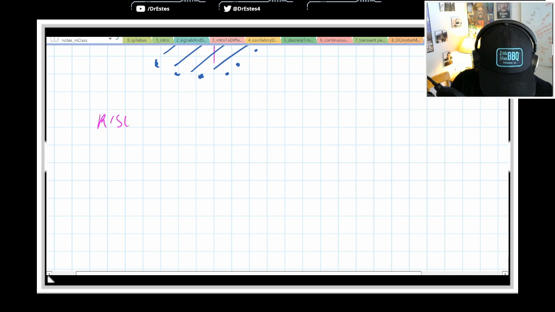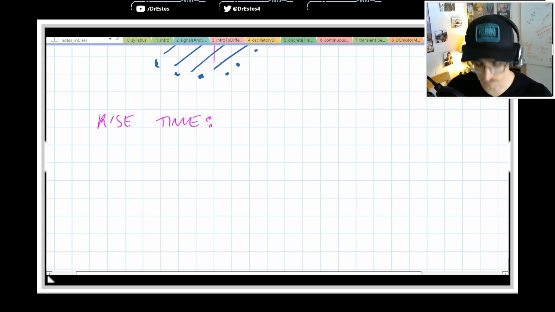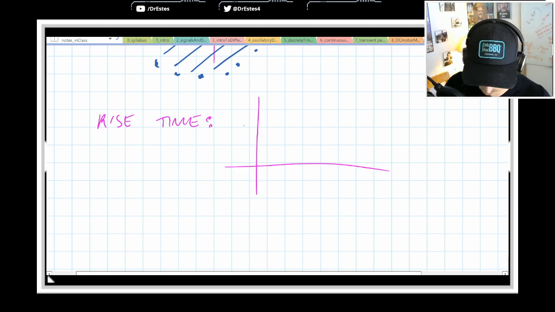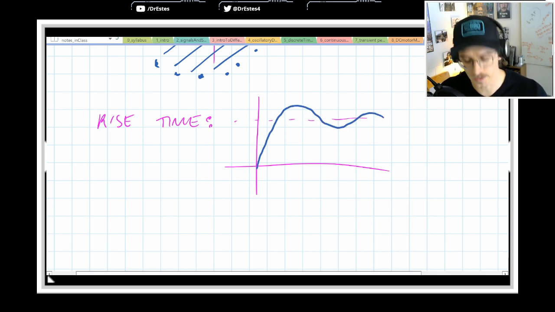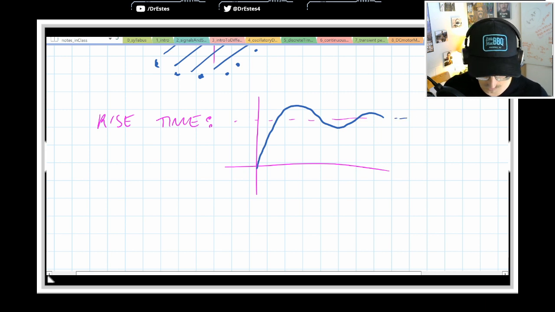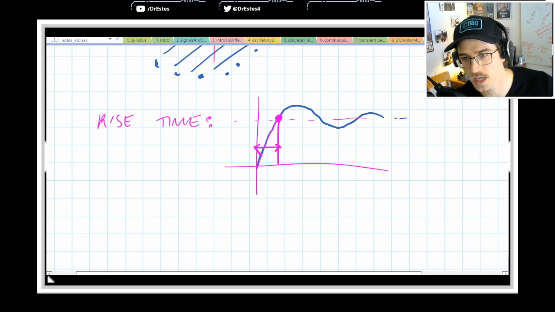Okay, rise time. Remember the definition of rise time. This is saying if I generate a step response of my system like this, and it's going to some steady state value, the rise time is how much time it takes to cross through its steady state value for the first time.